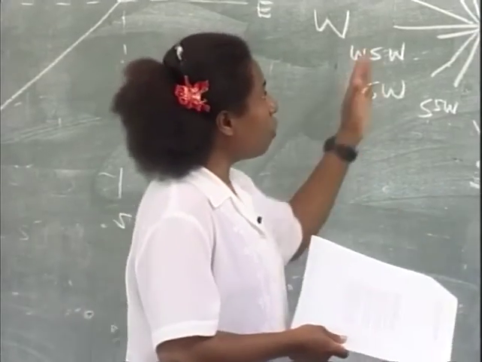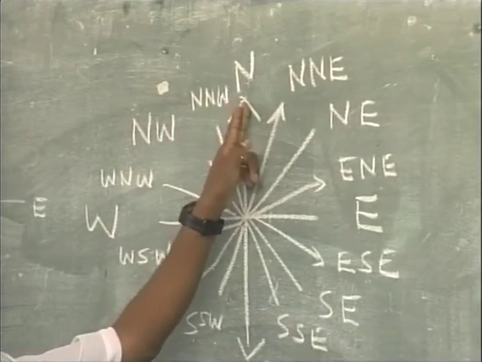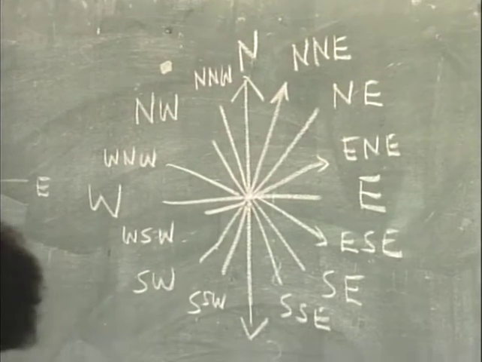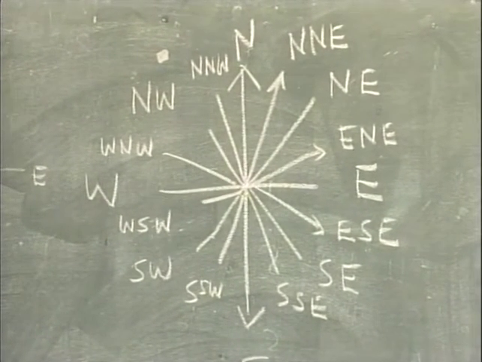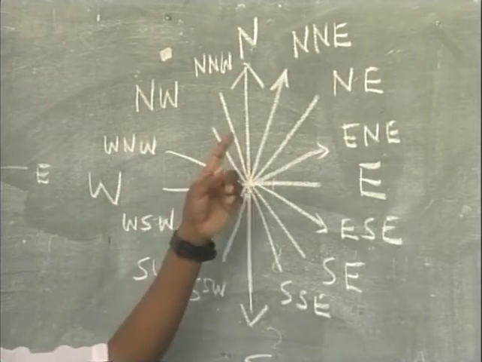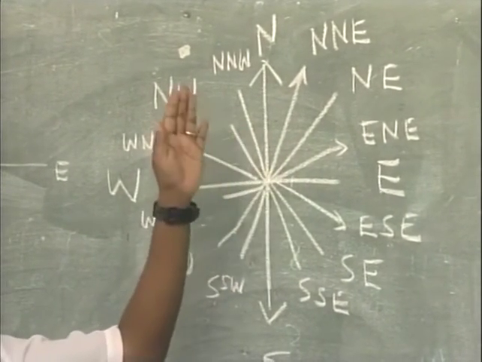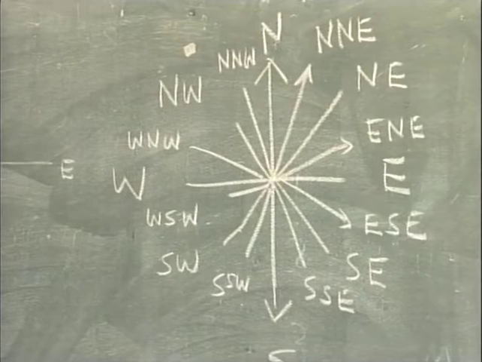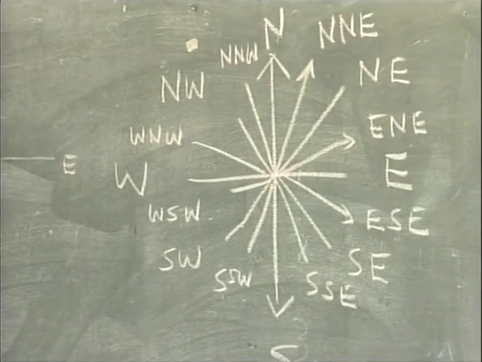And we know that if we are starting from the north direction, it is usually at a 0 bearing. If we complete a full revolution right around and we come back to the starting point at the north direction, then we would have completed 360 degrees.